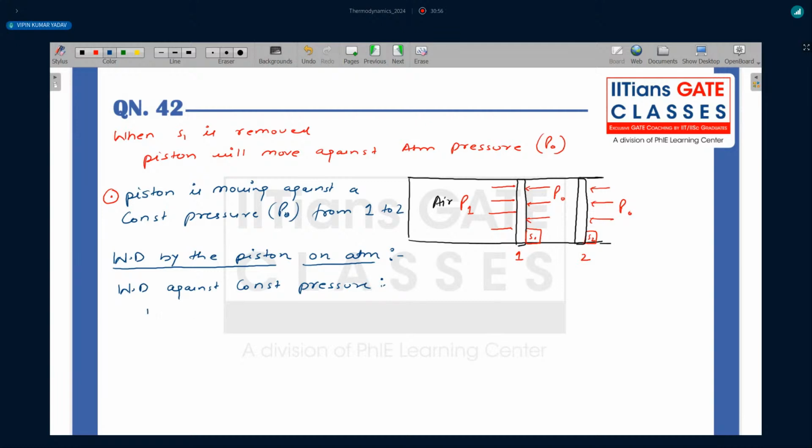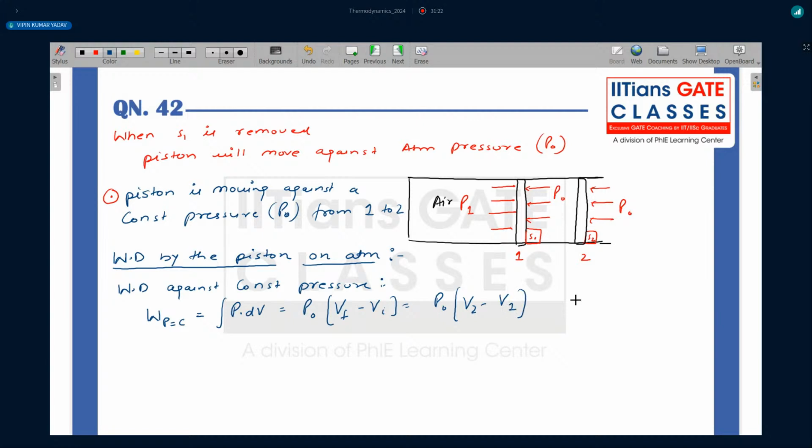So I can find the work in a constant pressure process. Normally work done is the integral of PdV, but because pressure is constant, I can take P naught, the atmospheric pressure, outside, times V2, the final volume, minus the initial volume V1.